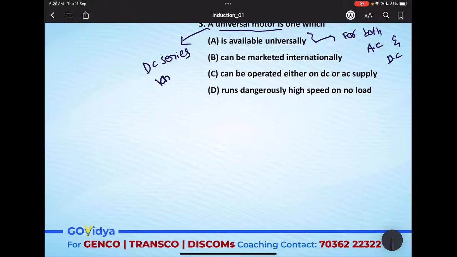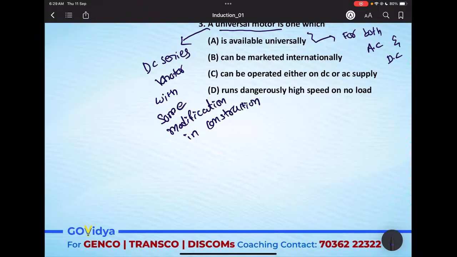A little modification is done in winding and all, to operate in AC condition also. This motor is called universal motor.